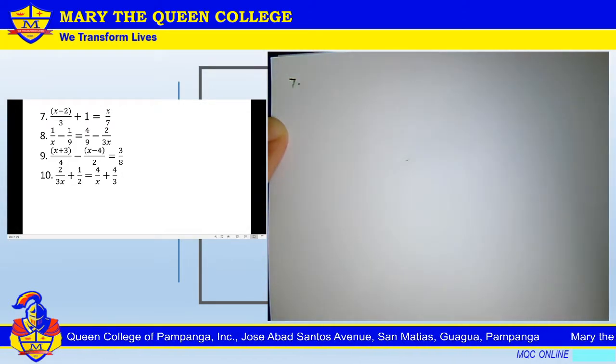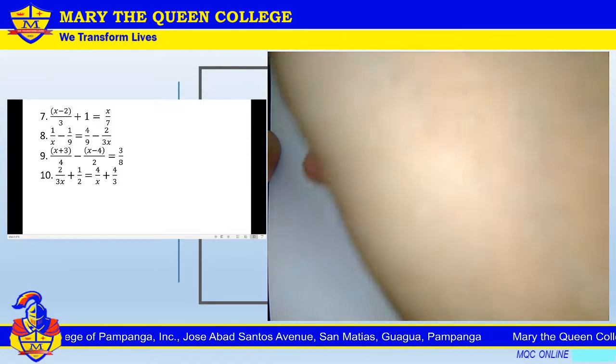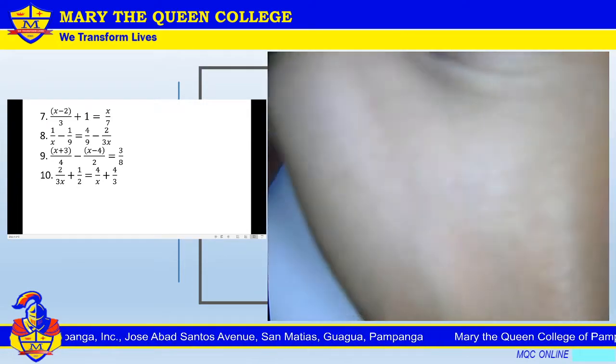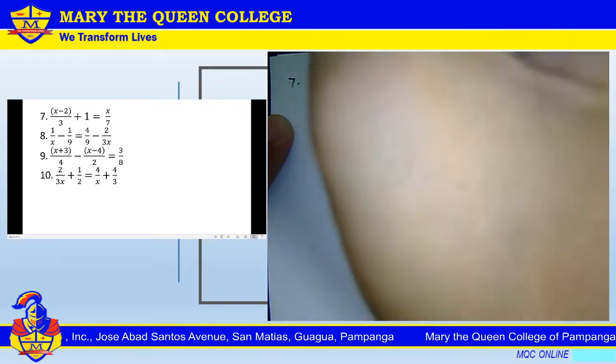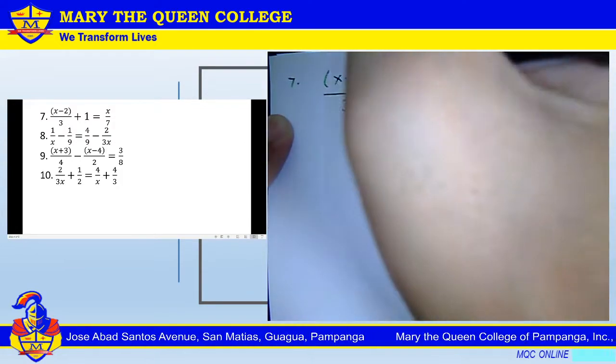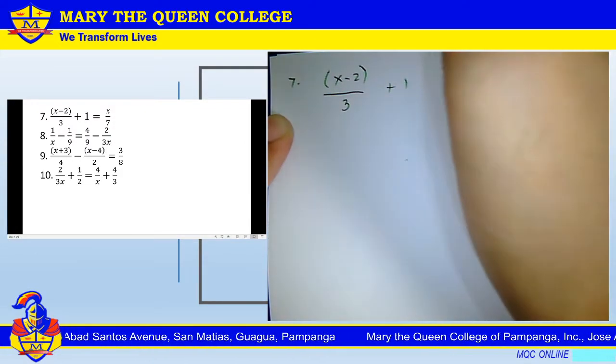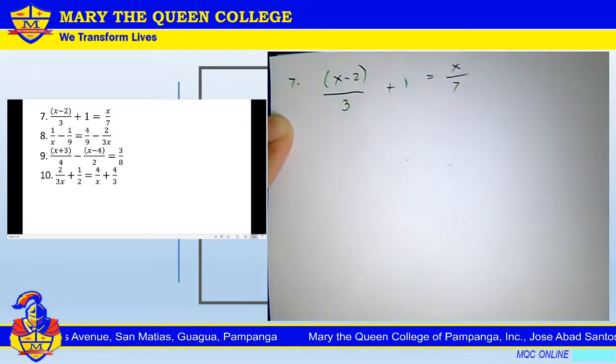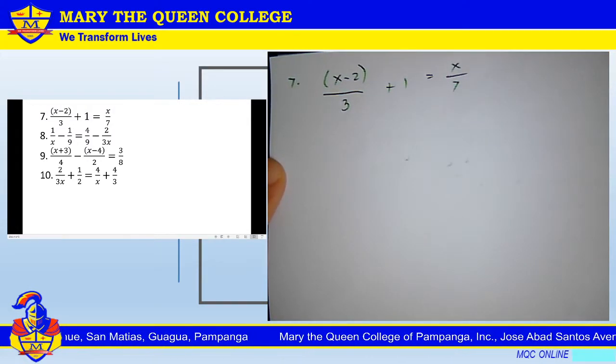So this is one of the common linear equations. We have the quantity x minus 2 all over 3 plus 1 is equals to x over 7. So for this particular linear equation, one thing that you have to consider is the denominator.